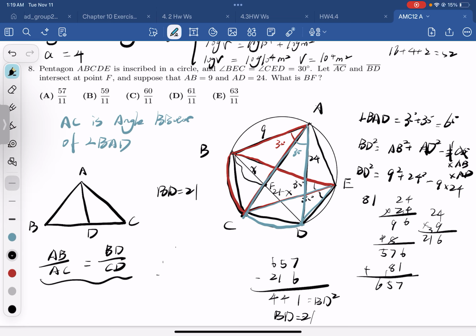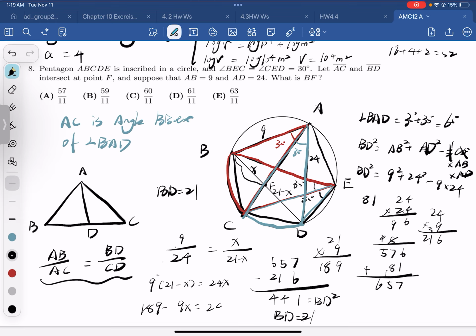Based on the angle bisector theorem, we know 9 over 24 equals X over 21 minus X. So 9 times 21 minus X equals 24X. 21 times 9 is 189 minus 9X equals 24X. So 36X equals 189.